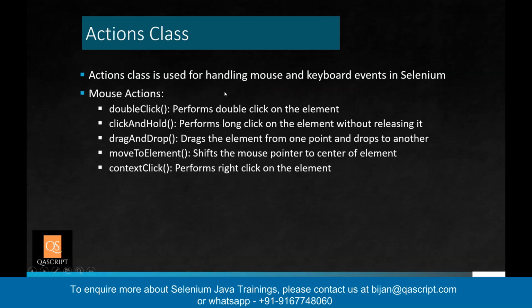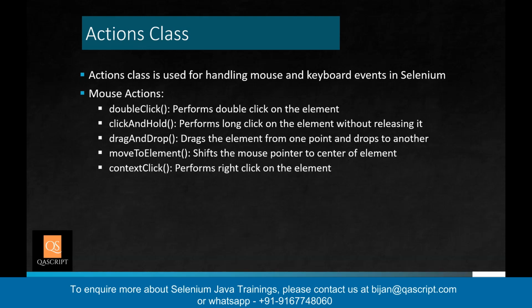And there are different mouse actions, which are basically all the actions you can perform using your mouse. So there is double click. You can double click on an element using this method. There is click and hold, which means if you want to keep the click on the element without releasing it.